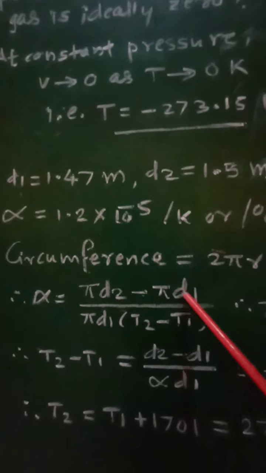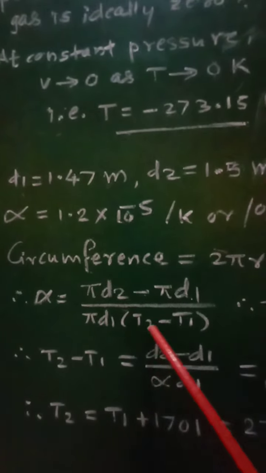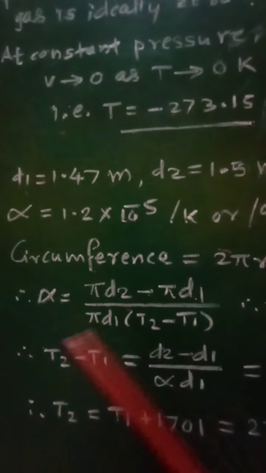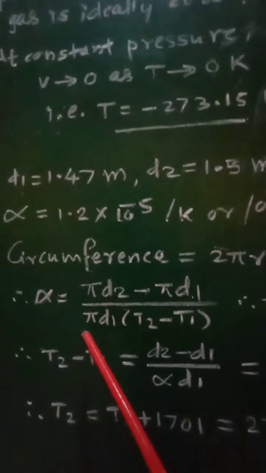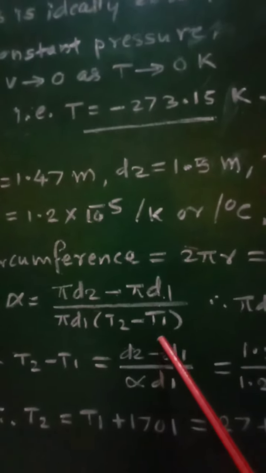So this will be the change in length per unit original length per degree rise in temperature, and therefore alpha is equal to pi d2 minus pi d1 upon pi d1 into t2 minus t1.